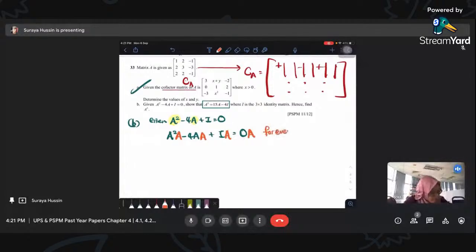Multiply A for every term at the back. Every term must be at the back. Don't suka-suka hati letak. Okay. And so you will get A cubed minus 4A squared plus A is equals to 0.